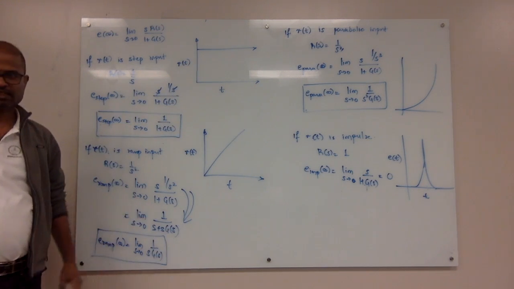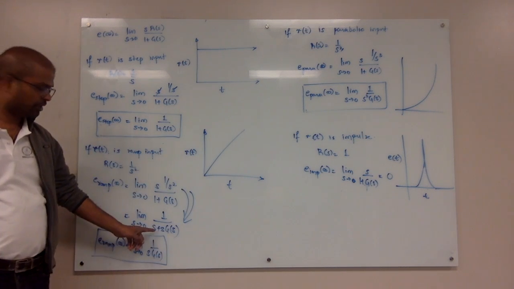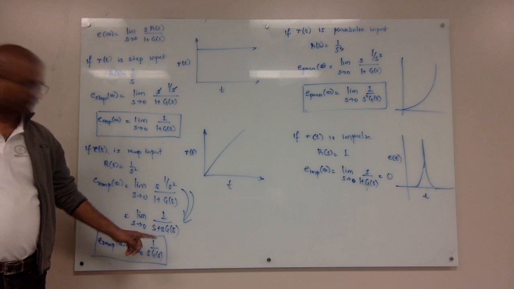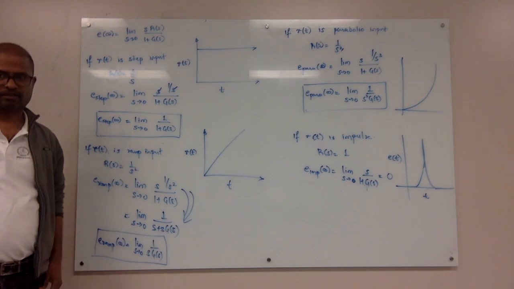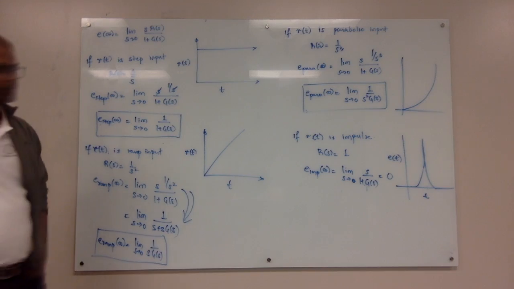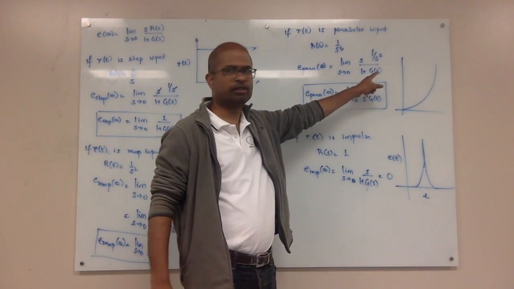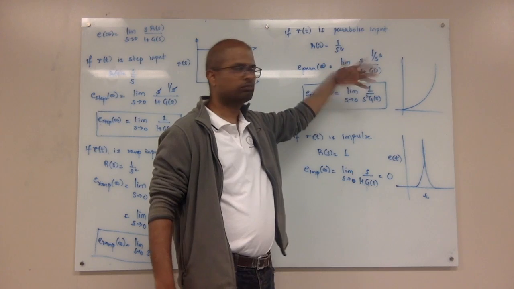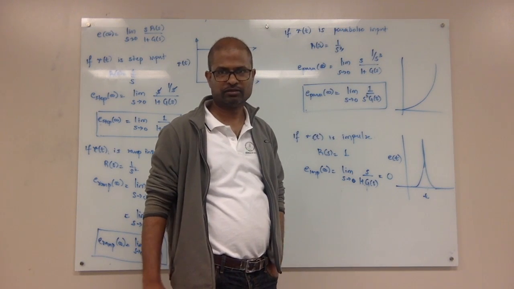But what is S? 0. So that S will go off. This S will not go off because there might be an S in the G of S which will cancel. You got it? So this will be S squared plus S squared G of S, but S will vanish because S is 0. By itself, it will vanish.